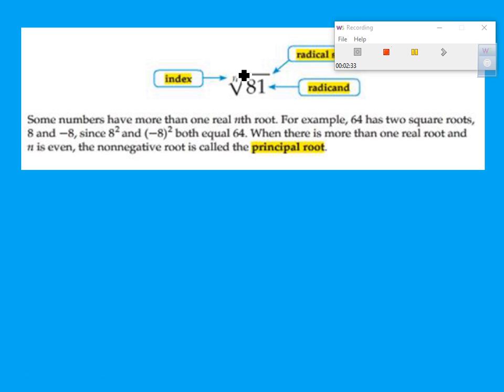Whatever little number sits in here, for our purposes, it's usually a 2, 3, or 4. That's called the index. This symbol right here is called the radical sign, and the number under there is called the radicand. So the radical sign contains the radicand. Okay, but what we'll do is we'll look at simplifying.